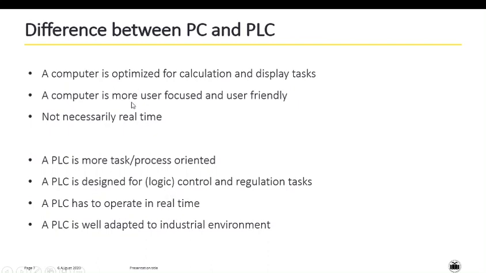So we cannot use a PC in real time, and we may not use a PC in the industrial environment, while a PLC can be used in the industrial environment. That's why we are not using a PC or a general purpose controller, but we are using a PLC, which is specifically designed for the industrial environment.